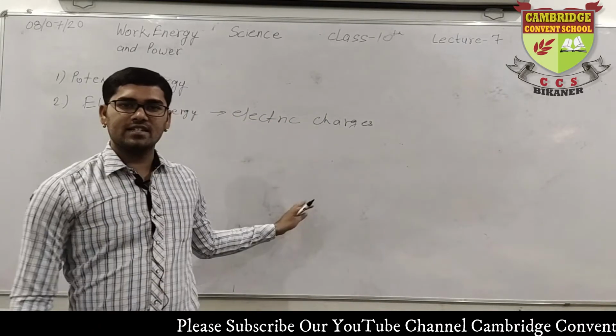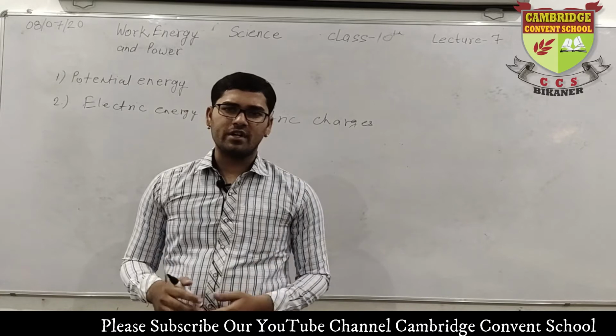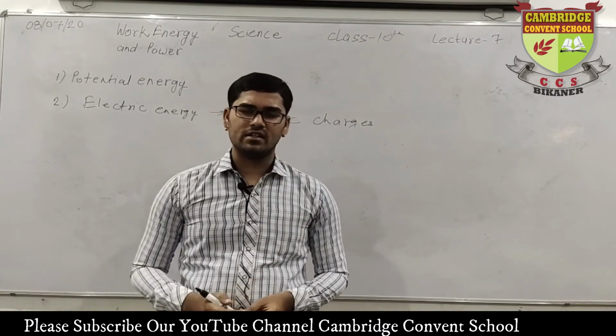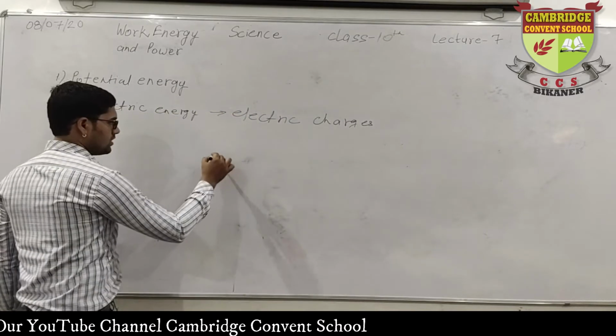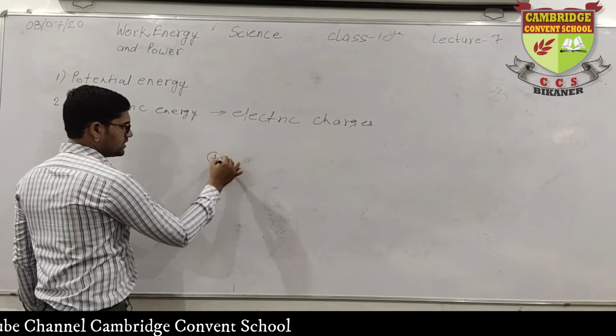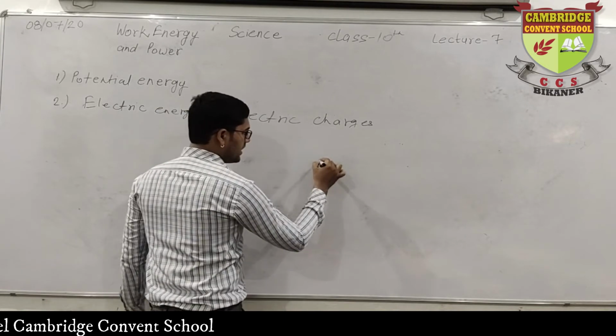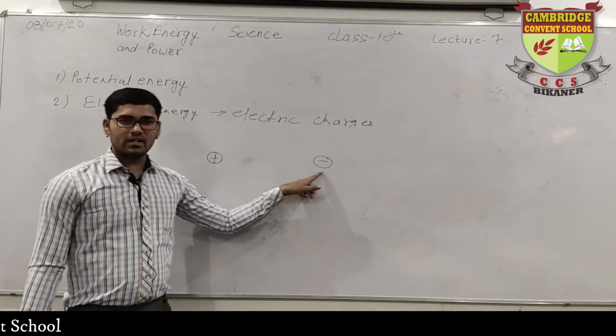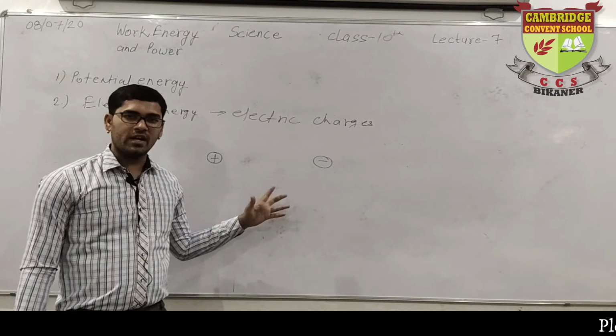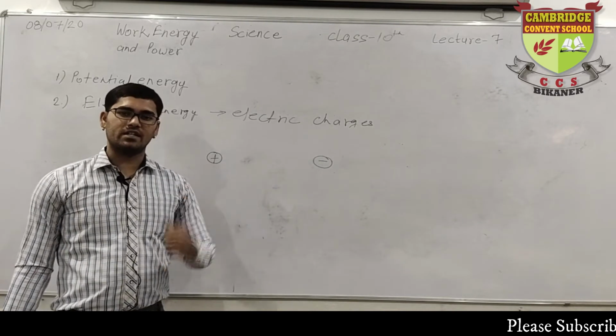The electric charges' region, or the force applied by electric charges, is always shown by some arrows. What are those? Suppose this is a positive charge and this is a negative charge. Both are opposite charges, and we know that opposite charges always attract each other.